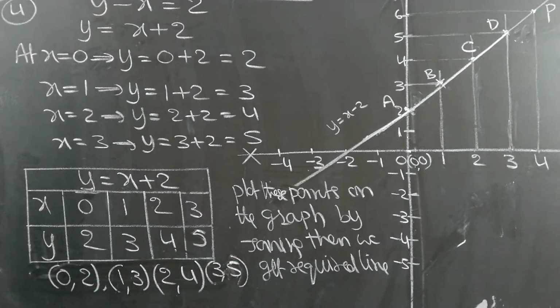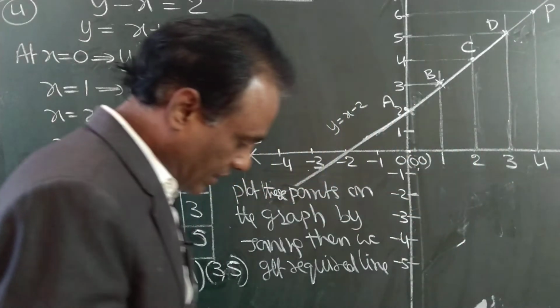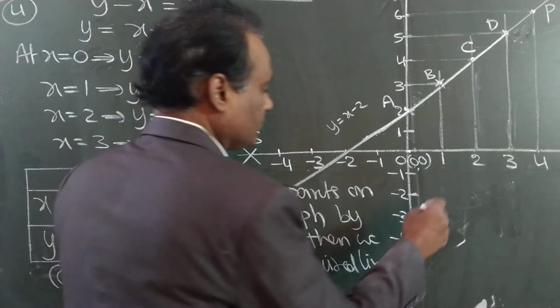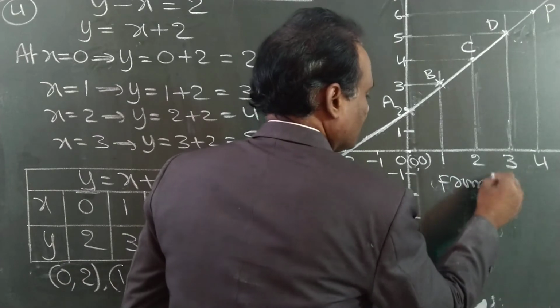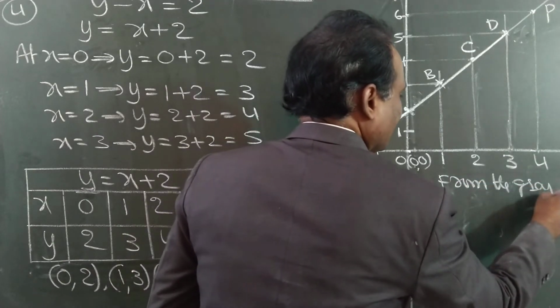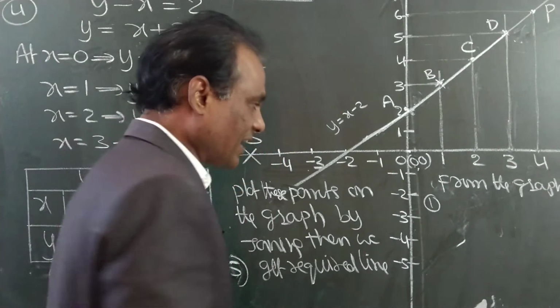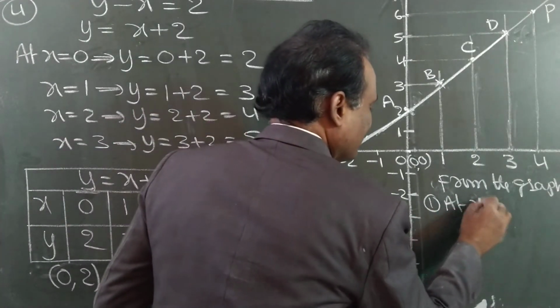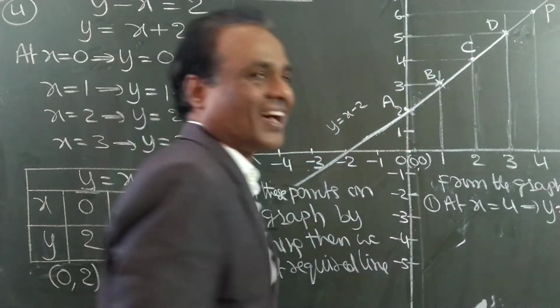Write down this. And after this, we have two bits in that. First one is from the graph. First question: at x is equal to 4, what is y? That question is asked.